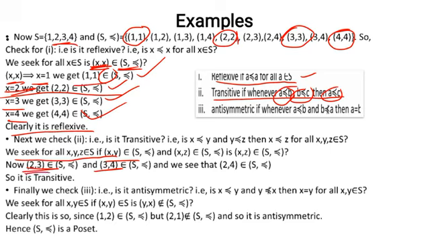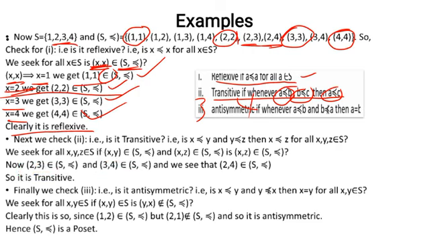So there's (2,3) and then (3,4). We want A, B, C, right? So that's 2, 3, 4. Those are the elements we're looking for, and the combination is there.